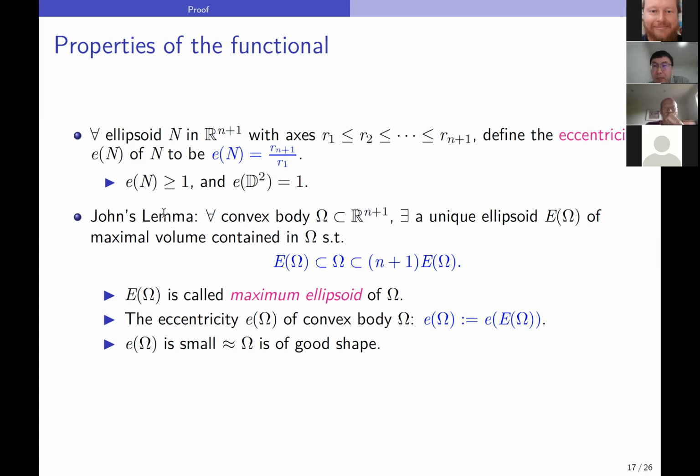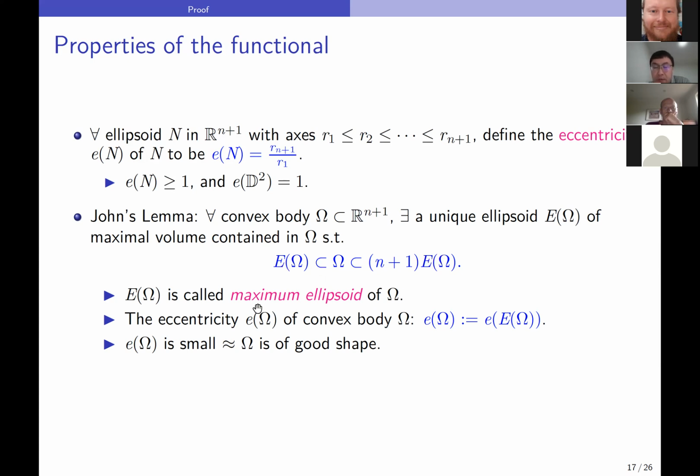By the Gauss lemma, which we used when we studied the Monge-Ampère equation, for any convex body omega we can always find a unique ellipsoid E of omega with maximum volume containing omega, such that E of omega contains omega, and also omega contains a rescaling of this ellipsoid E of omega.